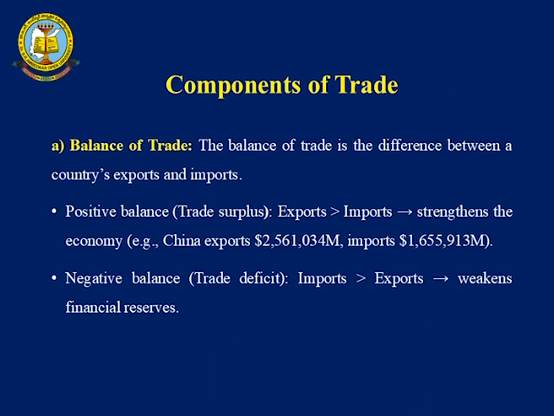A surplus or positive balance of trade means the exports are more than the imports, isn't it? A negative balance of trade is when imports are more than exports. That's how it shows the country's health in terms of trade, whether there is a positive or negative balance in imports and exports.